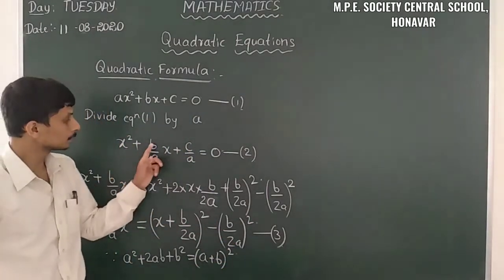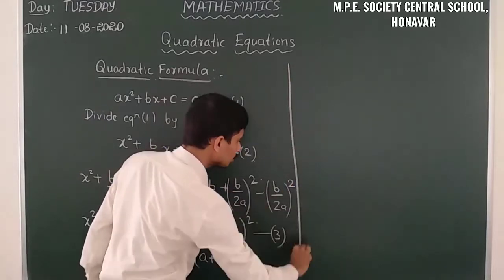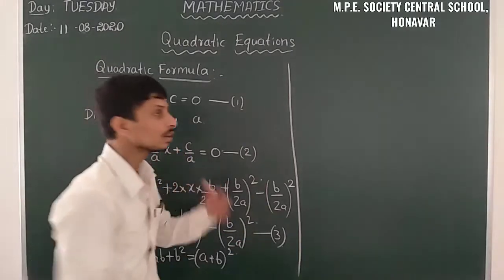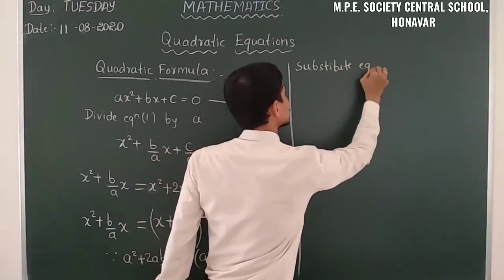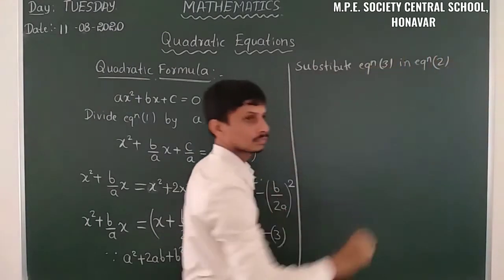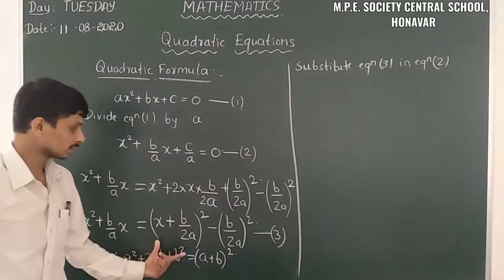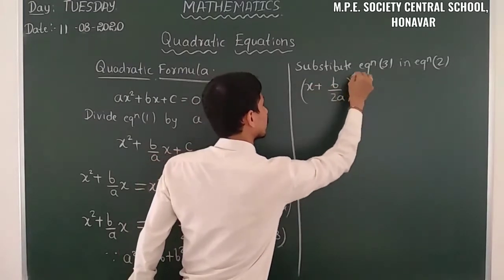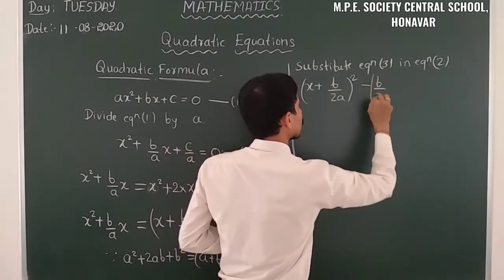So here I will part this blackboard. Then we solve by substituting equation 3 in equation 2. Just substitute here: in place of x square plus b by ax, we insert x plus b by 2a whole square minus b by 2a whole square.